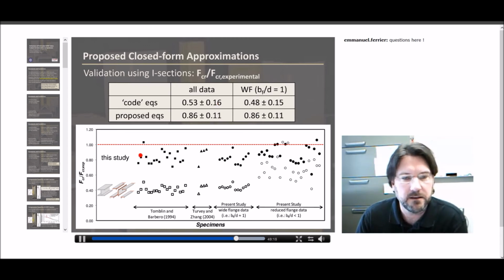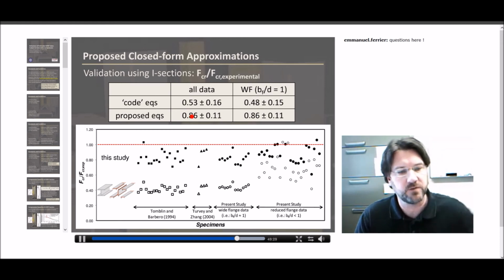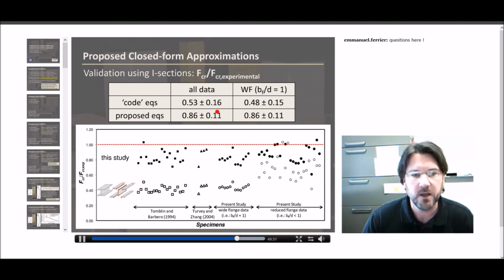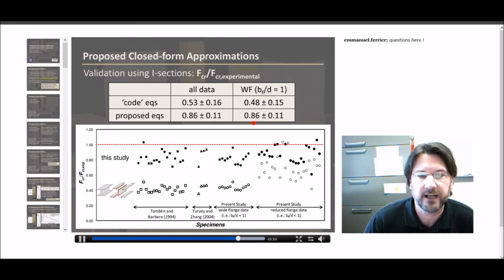And then our recommended approach with the equations I showed on the previous slide are the solid data points, and we see much better agreement between the prediction and the experimental, but still on the conservative side, which is what we would like to see for a design equation. We also tighten up the variation a little bit as well. One thing that's very significant with the proposed equations, it's independent of this BF over D ratio, where we see actually worse agreement with assuming the simply supported condition as we go to a wide flange.